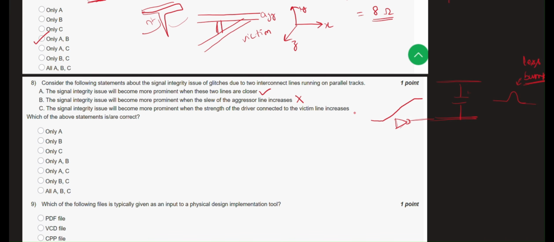So this is contradicting, right? What is the actual concept? It becomes less prominent when the strength increases. It is written as more prominent, so this is an incorrect statement. So the correct statement here is only the first statement, that the signal integrity issue will become more prominent when the two lines are closer. So the correct answer is only A.